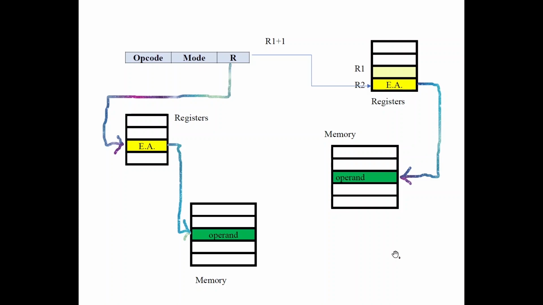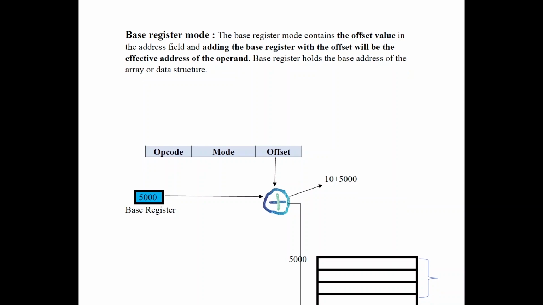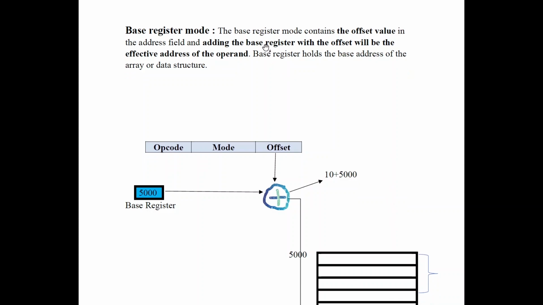The next type of addressing mode is base register mode. The base register mode contains the offset value in the address field. So in this instruction, the address field contains the offset value. Offset value means the predefined value, and adding the base register with the offset will be the effective address of the operand.